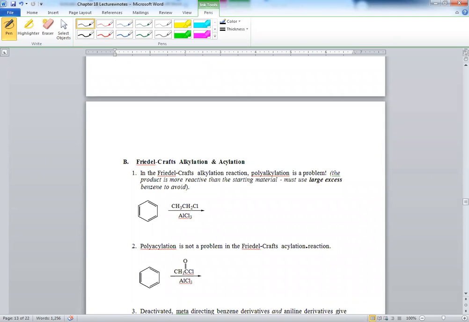Now, the next section is about also facing other limitations here, but we have solutions for them. We always think about problem solving in organic chemistry.